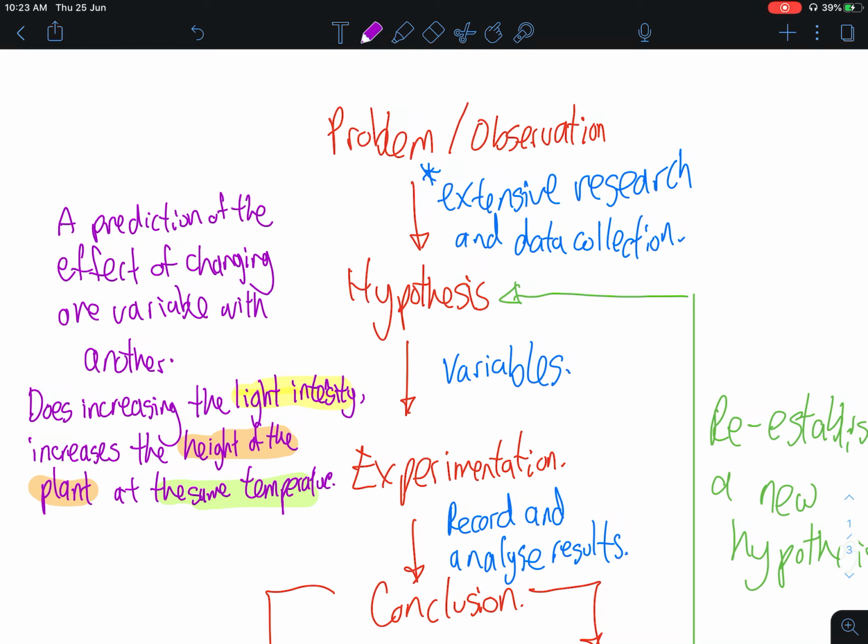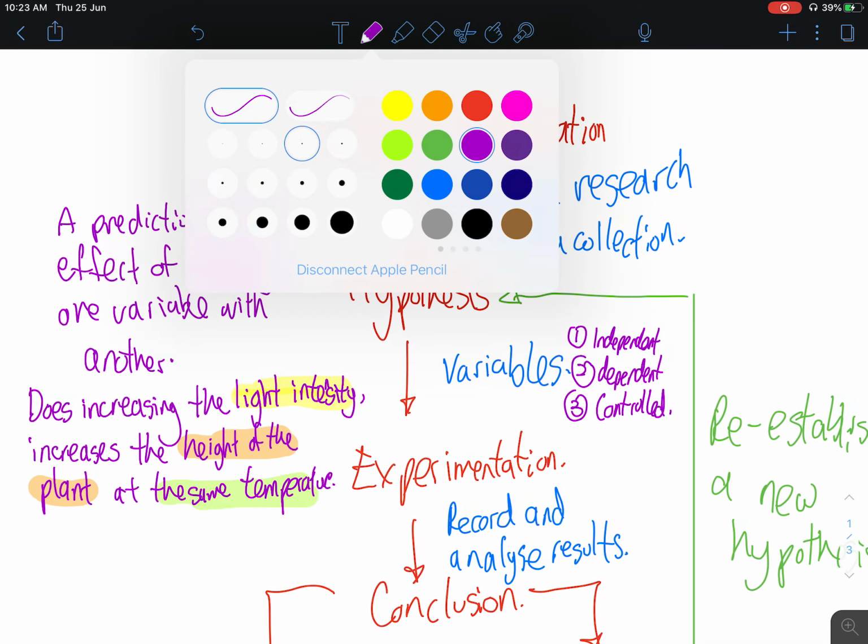What are these 3 types of variable? Number 1, we have your independent variable. Number 2, you have your dependent variable. And lastly, you have the controlled variable. Now, all these mean different things. So independent variable is basically the factor.